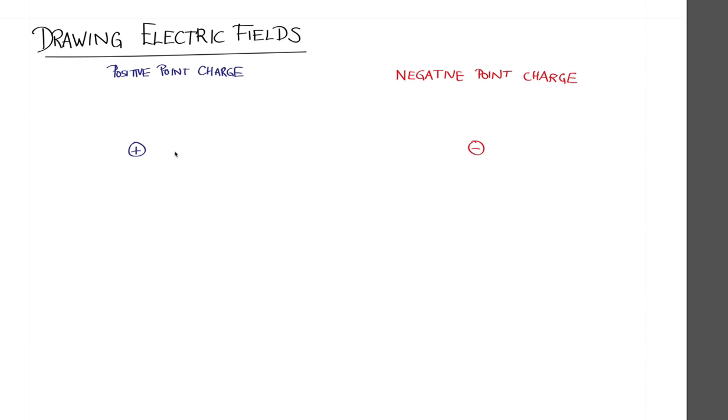So now I'm going to talk about drawing electric fields. We saw the earlier example where we had the positive point charge, and the electric field from the positive point charge looks like it's going radially out, right? So it looks like a bunch of spikes coming out of the charge. This is what's called a vector field.